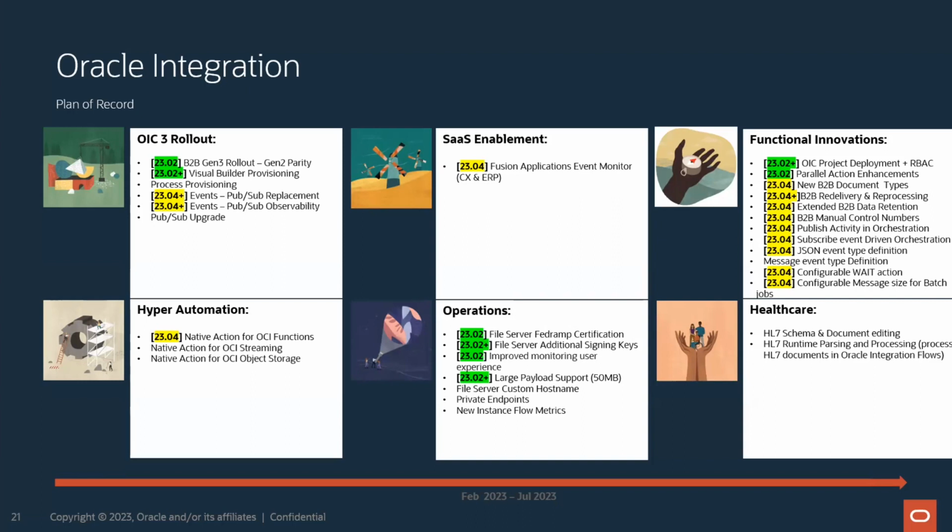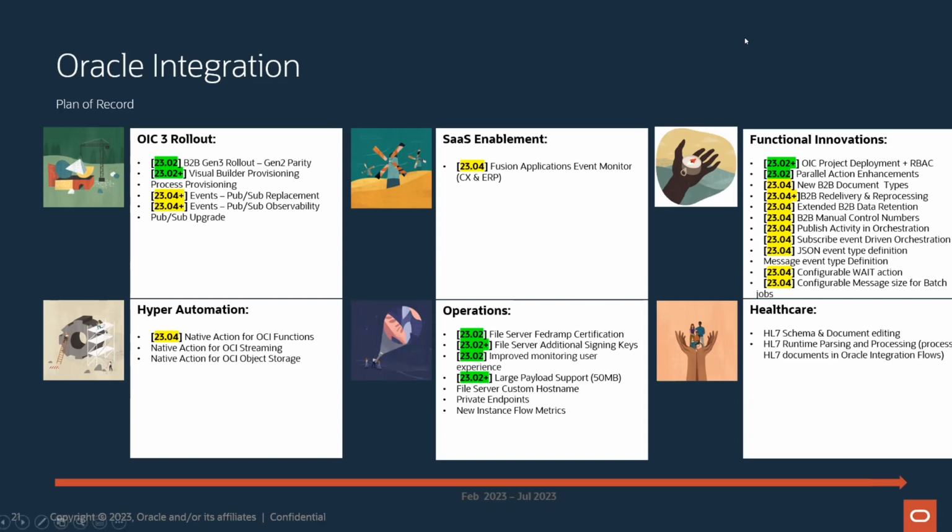You will see that events will be a first-class citizen within OIC 3, and the release we're looking at for this is the 2304 timeframe. Depending on that, of course, is the pub sub upgrade. So those OIC Gen 2 customers that are using the pub sub pattern, once these events are available, will be able to upgrade to OIC 3. So that's the OIC 3 rollout.